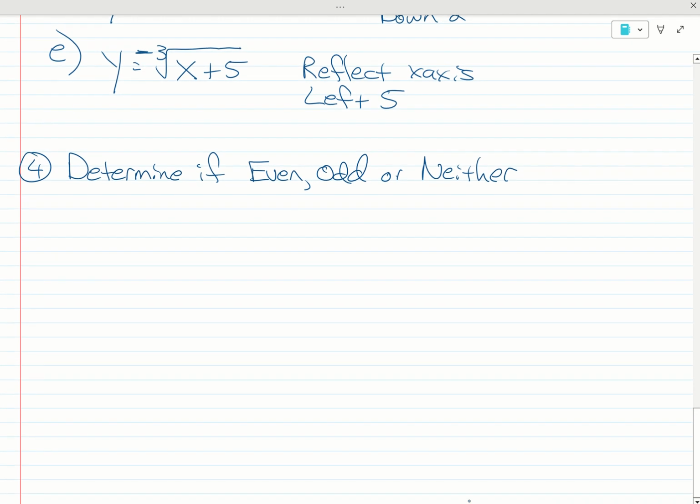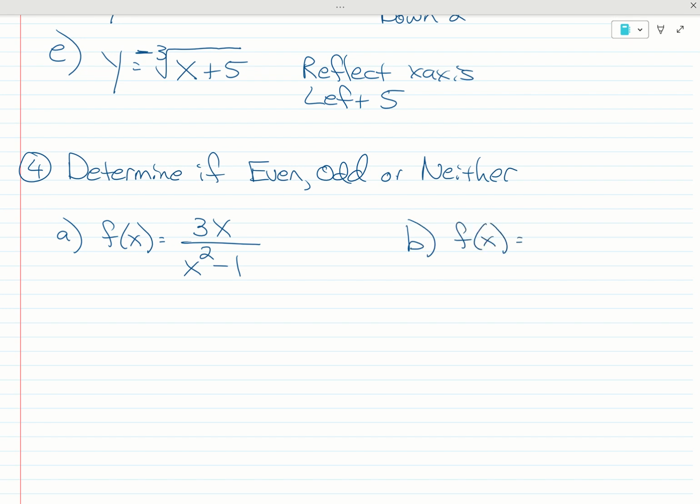Say we had f of x is equal to 3x over x squared minus 1. And let's take a look at if we had f of x is equal to x squared over 4.